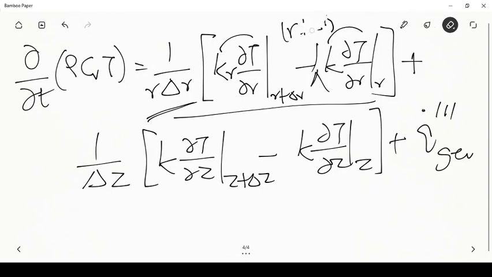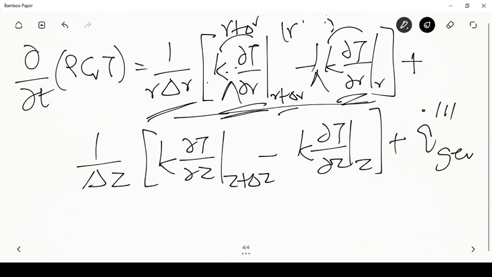Again, mistake here. This is r and this is r plus delta r. So this becomes actually k into r plus delta r multiplied by del T by del r. So this k r del T by del r at r plus delta r, and this is k r del T by del r at r, divided by this, taking limits when it tends to 0, it becomes equal to 1 by r del by del r of k r del T by del r.